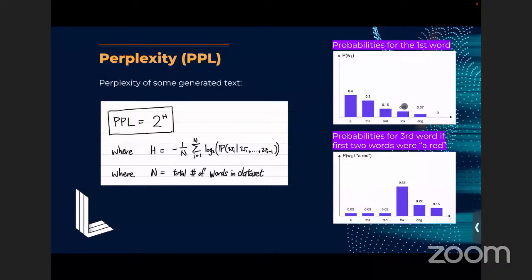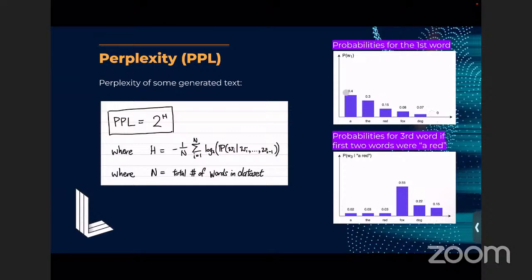And so what are these probabilities? For example, if we're predicting word 1, or the first token, what word is more likely to start a sentence? If we have a very limited vocabulary of just these words, then a or the has a high probability of starting the sentence, whereas a full stop has no probability of starting a sentence.